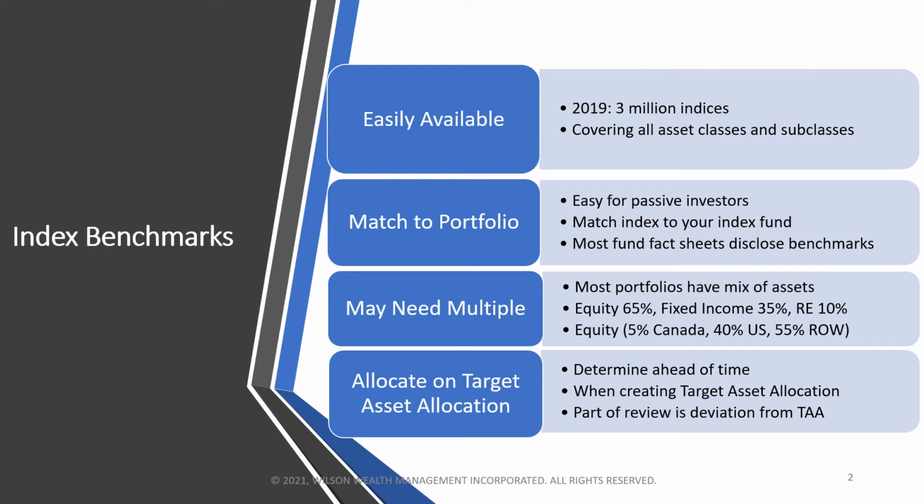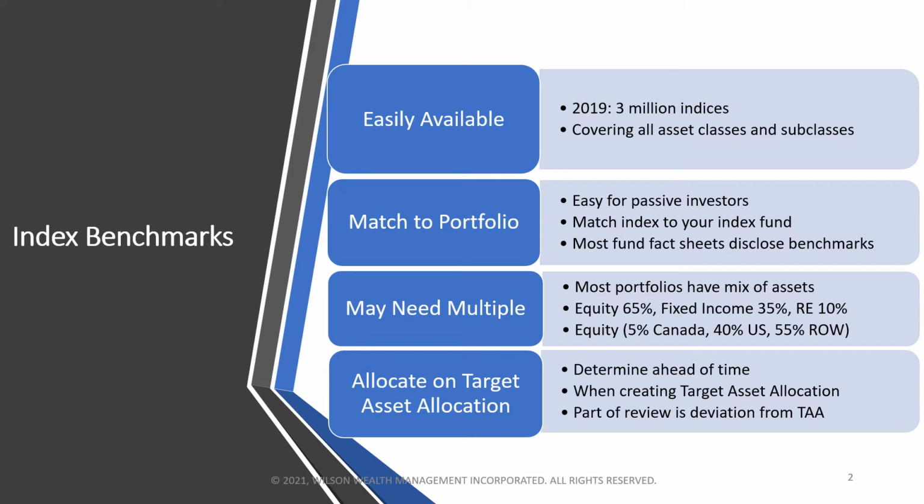Or if you use a company like Morningstar and you look at their analysis of a mutual fund or ETF, they'll usually in the top right hand corner disclose what index they're using to make their comparisons. So if you're not 100% sure of what index to use, you can usually find it through a ratings company or through the fund company's fact sheets or prospectuses.